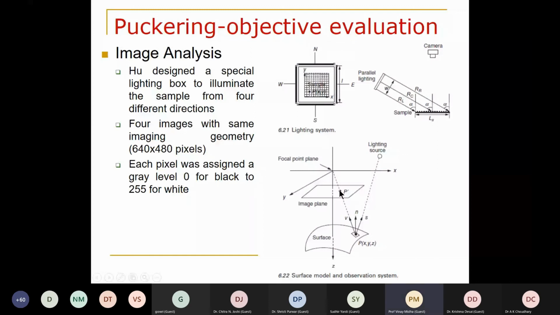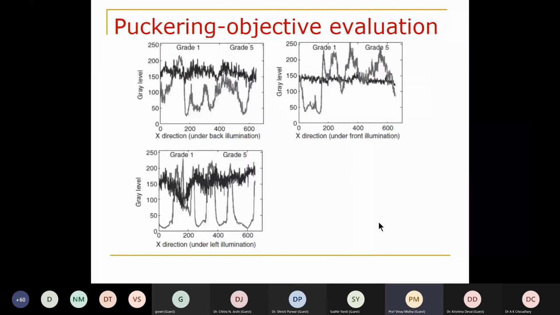Then from different directions, the images can be taken with the same geometry and same pixel levels, and then they can be converted into gray levels from 0 to 255. This is how the gray levels can be seen, and then the pucker can be seen on the fabric as a profile.